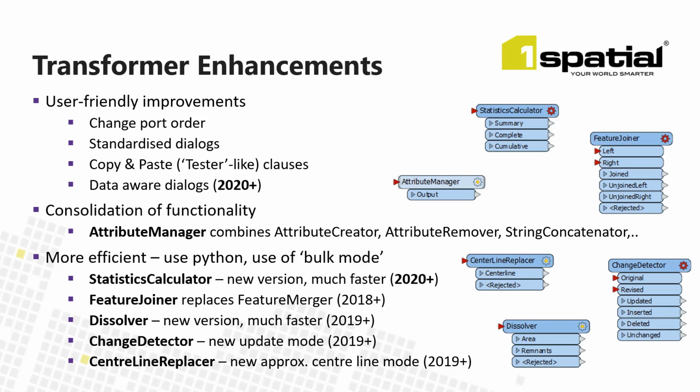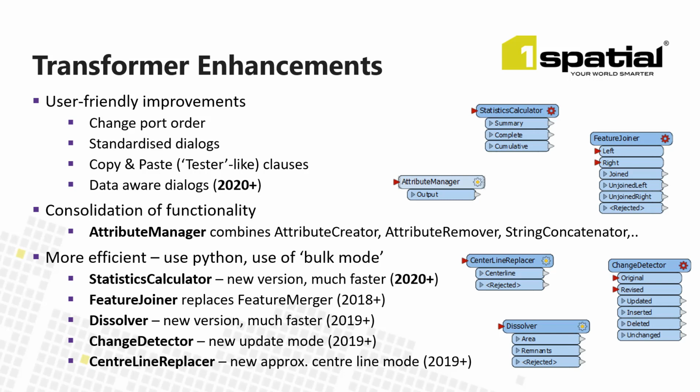And over the last few years, we've seen enhancements like the ability to change the port order on transformers, so you don't get crossing flow lines. Transformer dialogues have been standardized. We can now copy and paste test clauses between transformers, and as we saw earlier, the latest addition is the ability to select data values within those clauses.